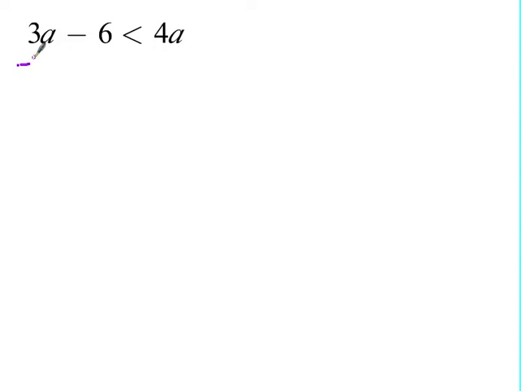So how can I somehow get a positive 1? Subtract 3a. So I'm always going to take the smaller one and move it. What do you have on the left side now? -6. And then what do I get? 1a.